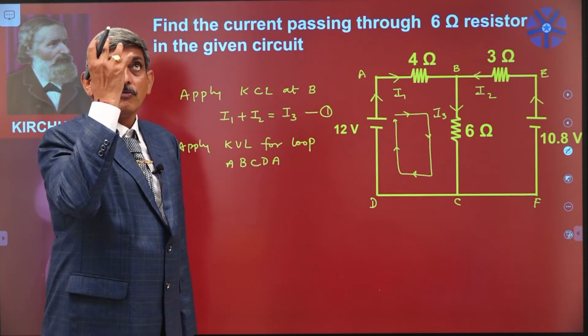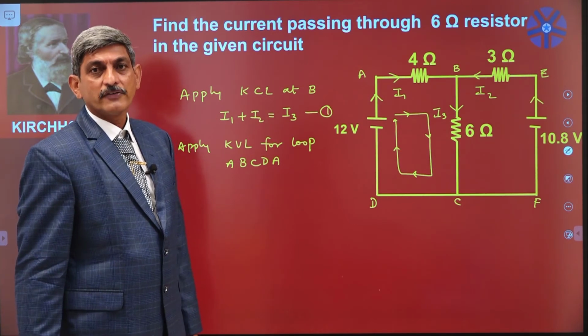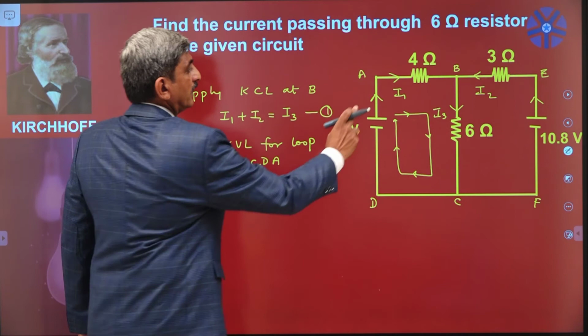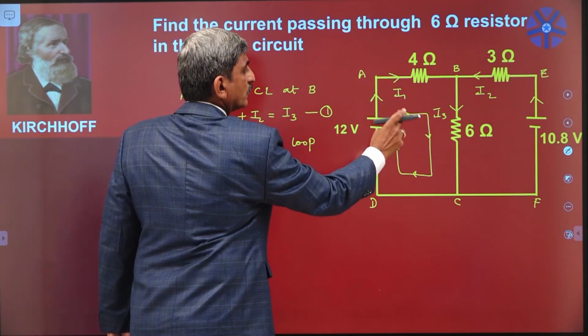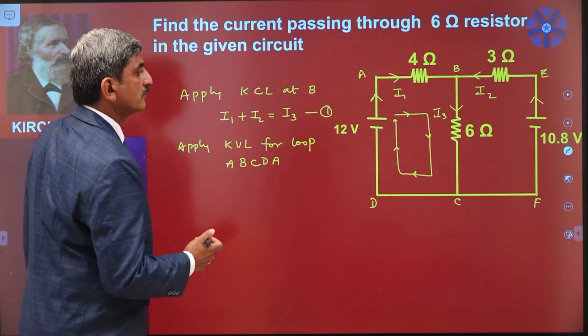Recall the 4 rules we adopted for the rise or fall of the potentials. Here the direction of the current and the direction of the loop are in the same direction. The potential drop is negative.